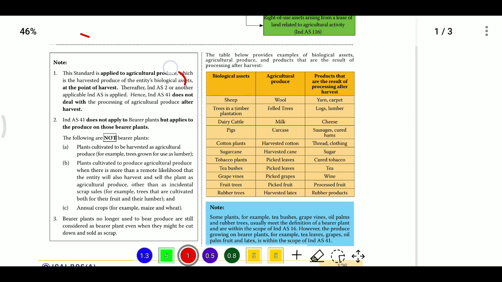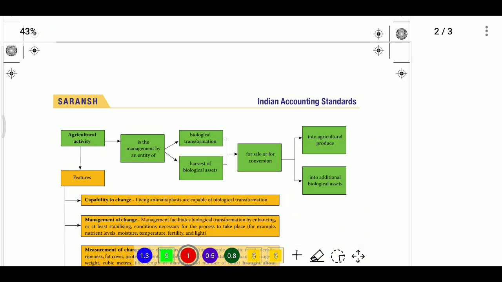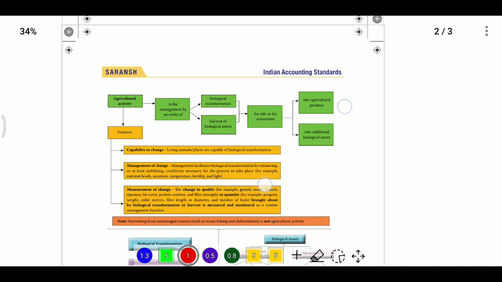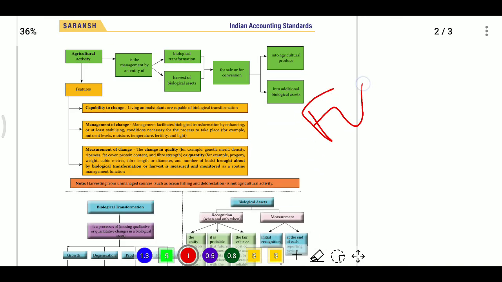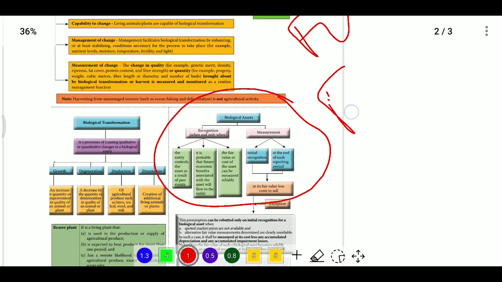Firstly, a biological asset is initially recognized at fair value, that is, fair value less cost to sell.